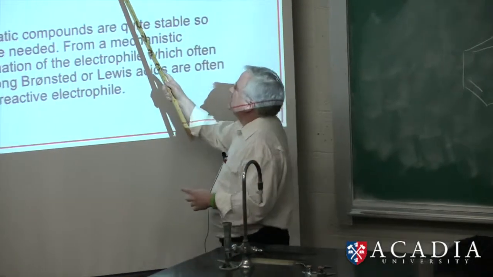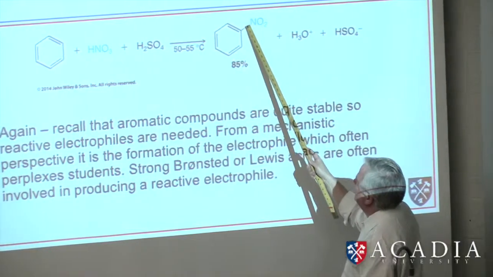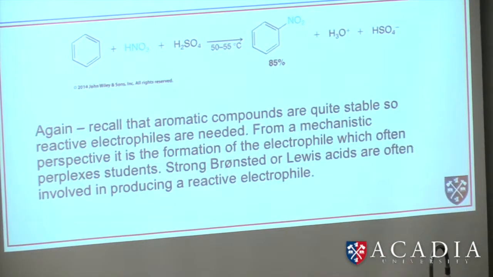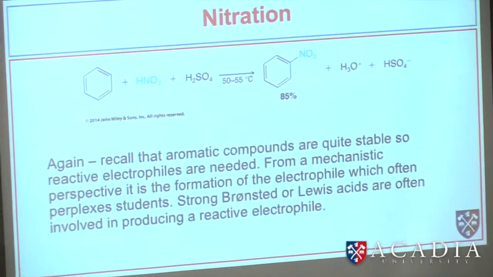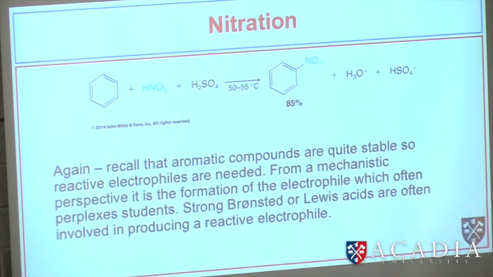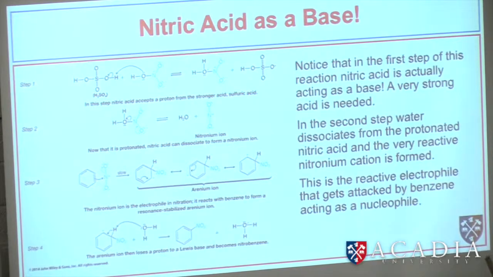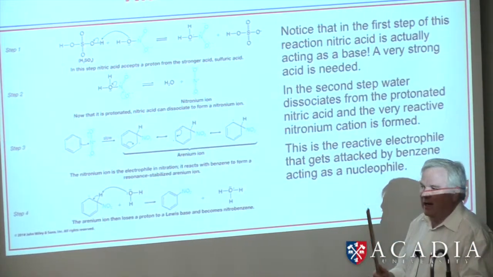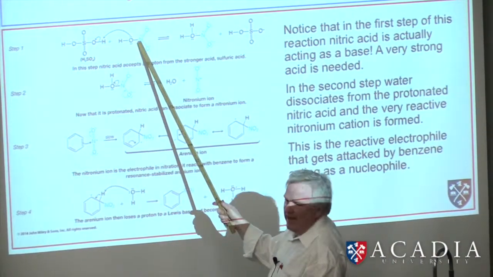So from this we can tell that an H+ came off, so this has to be an NO2+ that went on. How do we make that? One of the things I like about this reaction, we all think of nitric acid as being a strong acid. It is a strong acid in an aqueous system, but in a non-aqueous system, sulfuric acid is a much stronger acid. And the first step of the reaction, nitric acid is our base.